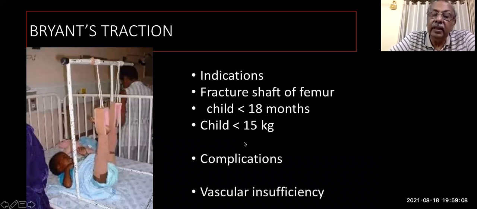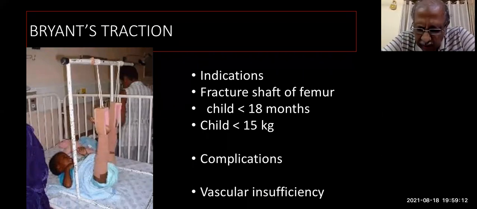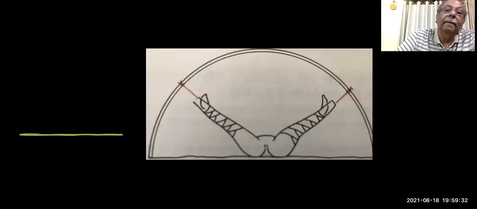The complication that has been described is usually vascular insufficiency. The vascular insufficiency is because the knee is kept extended. When you apply the traction in this position, 90 degrees with the knee extended, it can produce vascular insufficiency, and this has been reported commonly in the normal side rather than the fractured side.